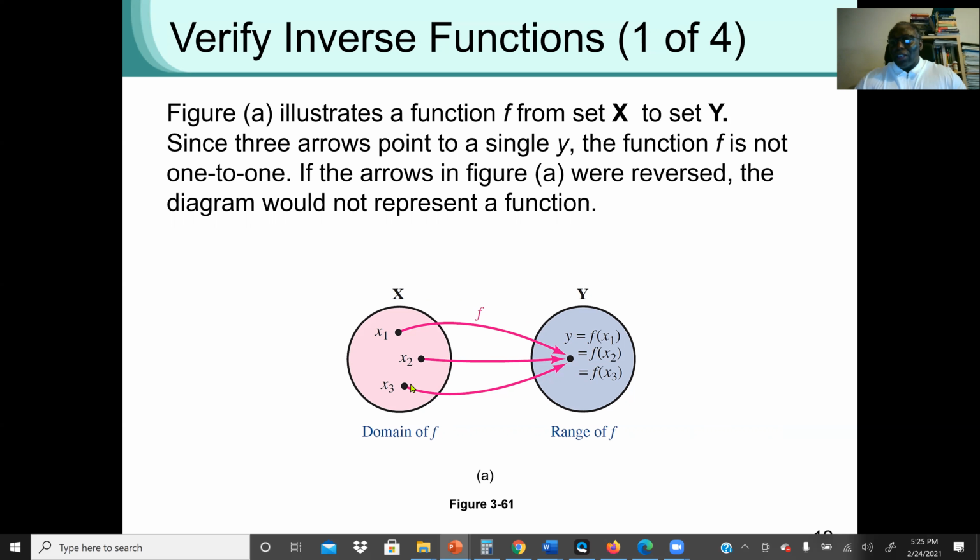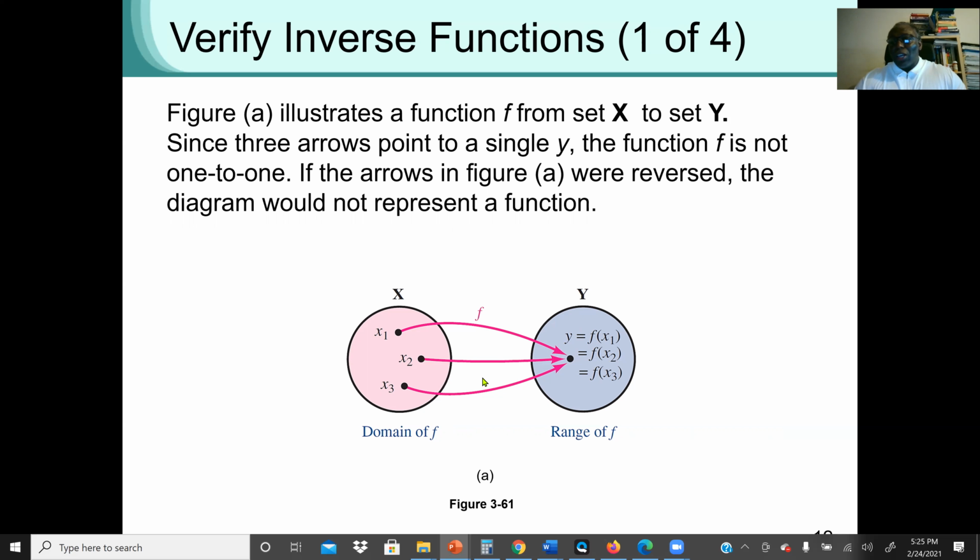But in this case, it's not one-to-one, but it's still a function. If we have three different inputs generating the same output, it's a function, but it's not a one-to-one function. In a one-to-one function, each input should generate its own unique output. Now, if we have the same input generating three different outputs, then totally it's not a function.